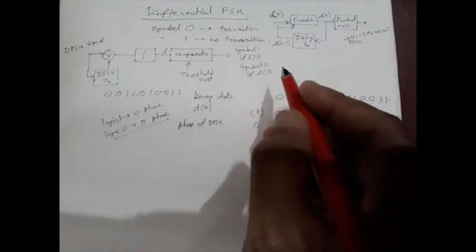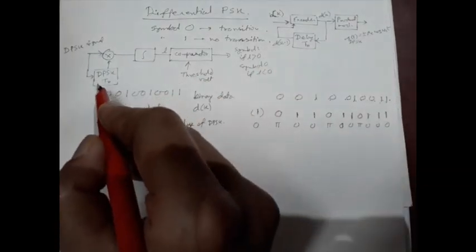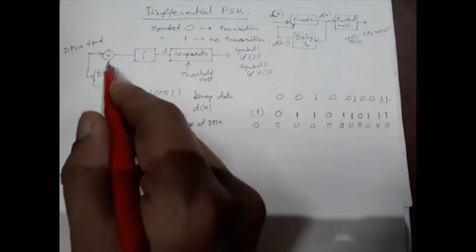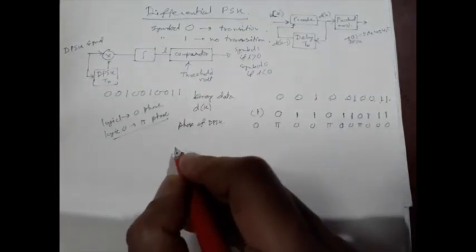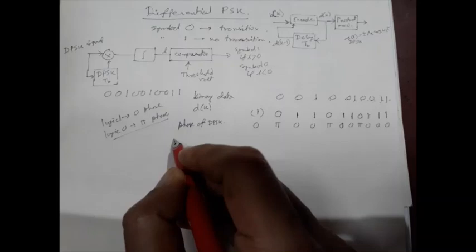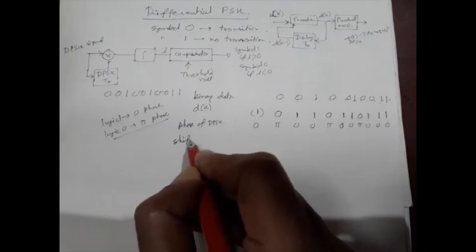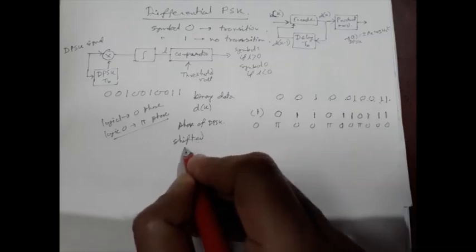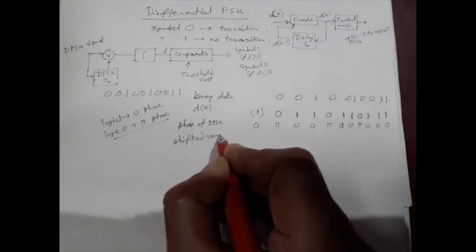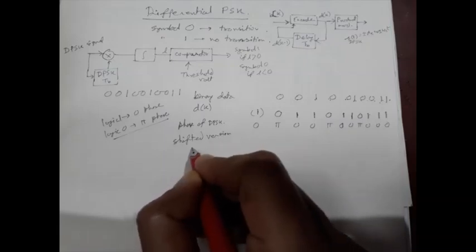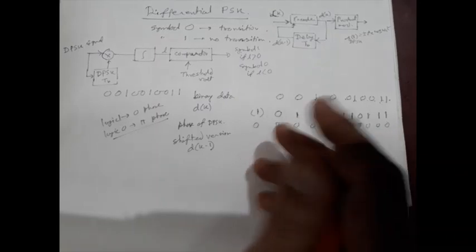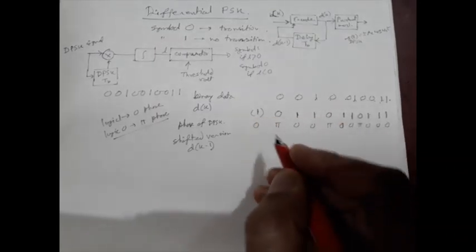Now at the receiver, we have a shifted version of DPSK, 1 bit shifted, that means D k minus 1. So this will be 1 bit shifted actually.